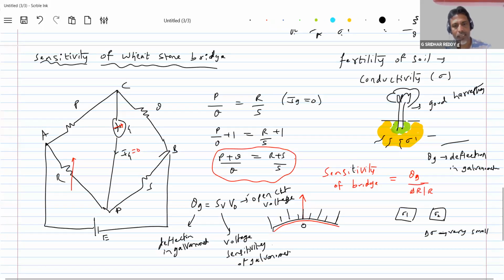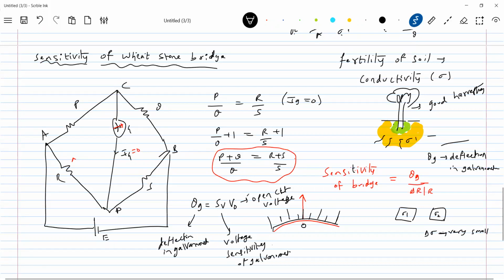Okay, let's now go for what is that V naught. So we have this particular thing. Here I will just take this out. Let it be here. Let's go for the other circuit.